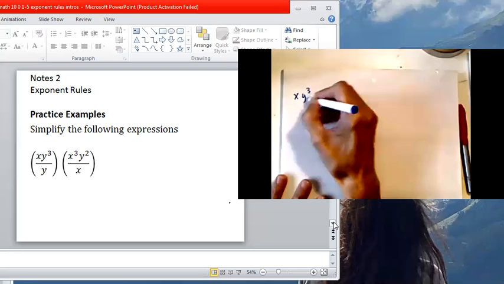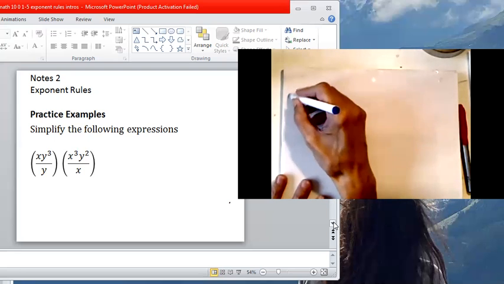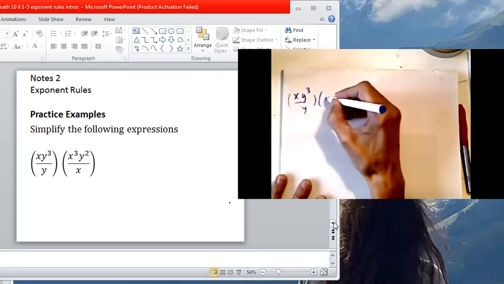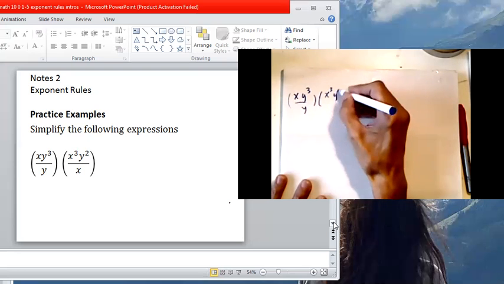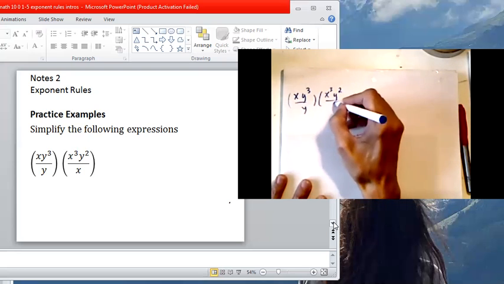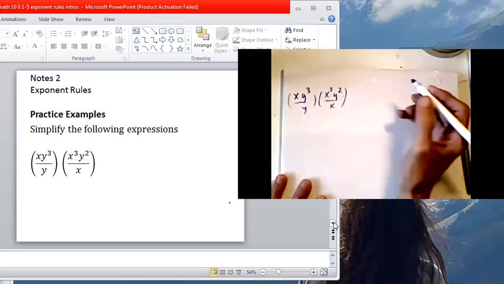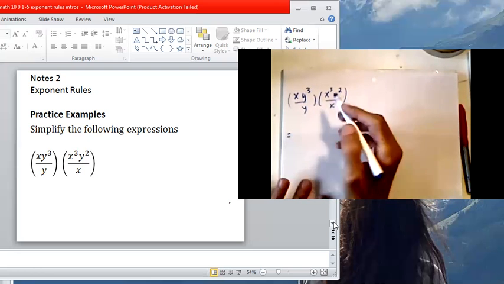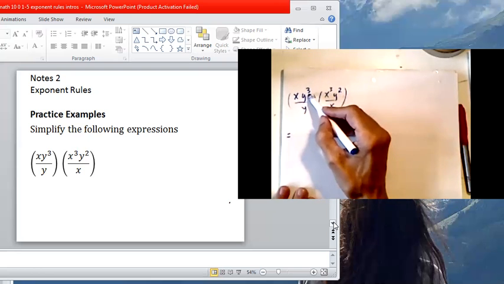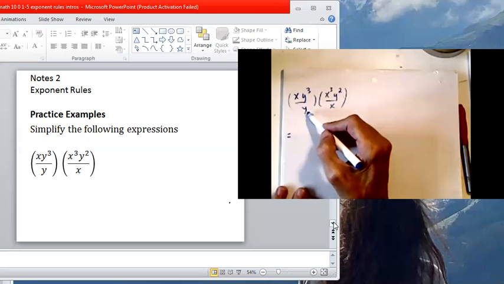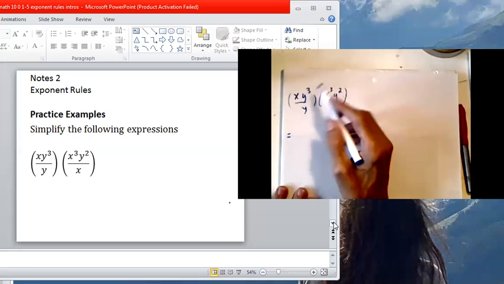So we have this in the first bracket. That's in the second. So you see there's y cubed on the top and y on the bottom. Let's simplify those first.